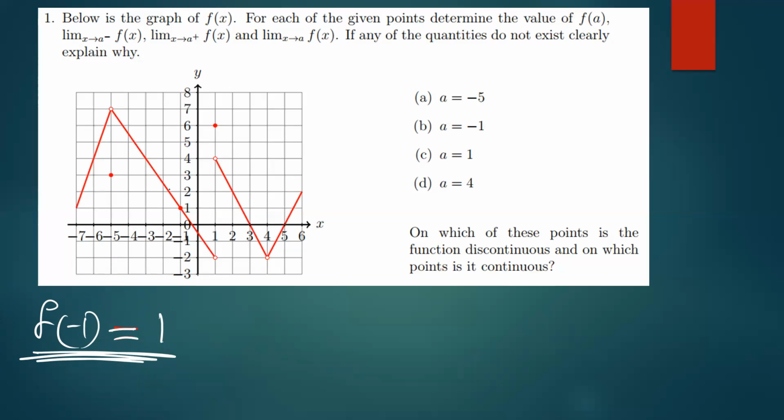When you're approaching from the negative side, you're coming from this side, you reach -1 there, you go up, and you still have +1 as the solution. So that is what we have for this one and that one. Then to check whether the limit exists, you have to check whether the limit from the negative side is equal to the limit from the positive side.